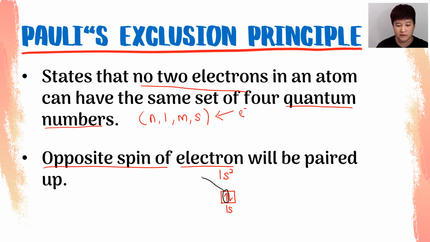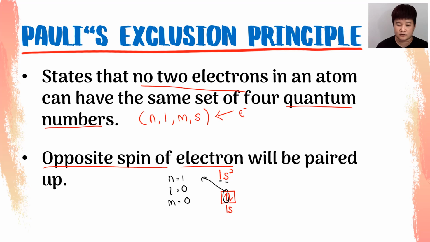So for this electron, n will equal 1. Why? Because 1s2, so n equals 1. It's an s orbital, therefore l equals 0. When l equals 0, m automatically becomes 0.